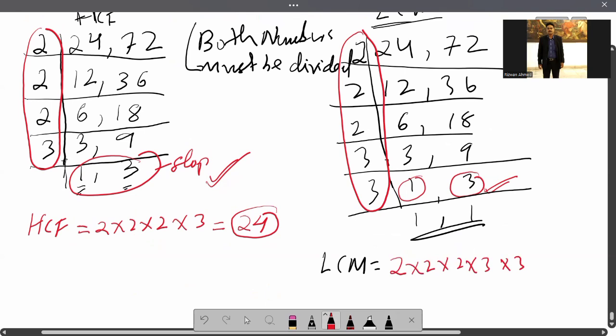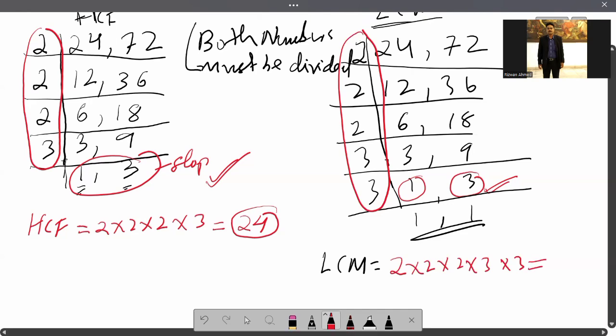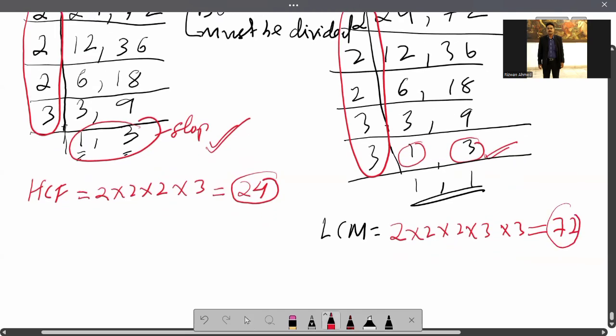So what is it? It is 24 and 2, 72. So this is your LCM.